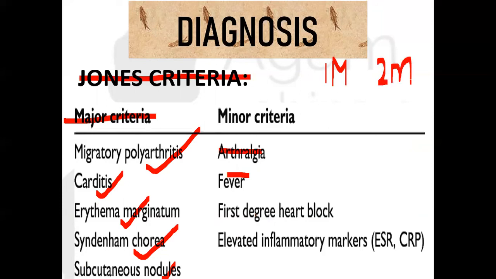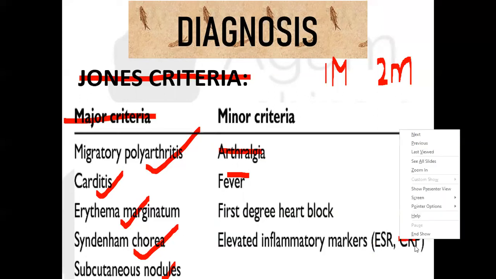So Jones has actually categorized the presentations into 2, a major criteria and minor criteria. Major criteria includes the typical presentation of a rheumatic heart disease. Minor criteria usually happen in case of every disease, like your fever, or in case of any inflammatory disorders, there is going to be increased ESR, there is going to be CRP being seen. If you remember, in atherosclerosis also, inflammation is one risk factor, and in that also we will have this elevated CRP.